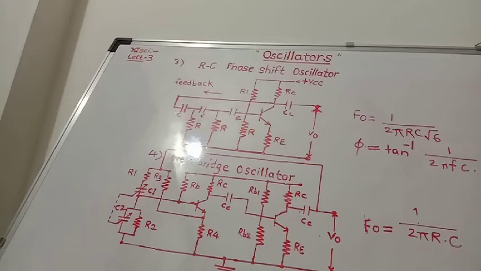Then a negative feedback is also provided by R3 and R4. Since negative feedback is used, this improves the stability and keeps the gain within limits, so that A beta is equal to 1.